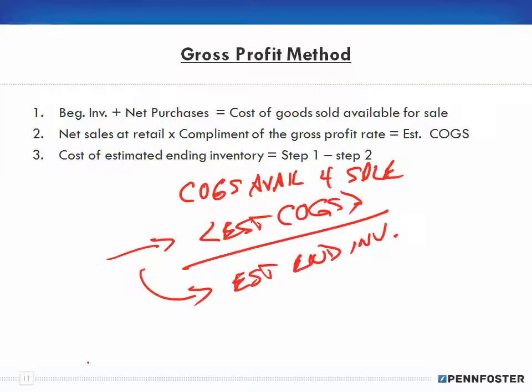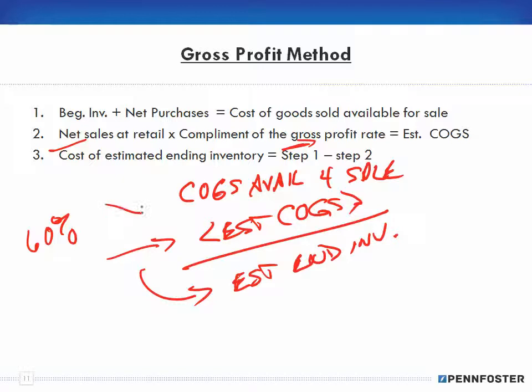For example, for the retail method, you did need the net sales at retail. But if they tell you that the gross profit rate is, say, 60%, and they don't provide you any other information, then you're going to know that you need the gross profit method.